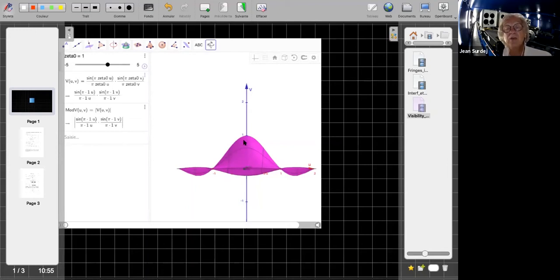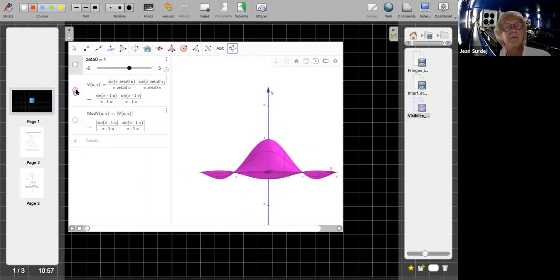So the maximum is reached for u or v equal to 0, and it gets to 0 whenever the value of u or v is equal to +1 or -1. Okay. Now I may start the video.